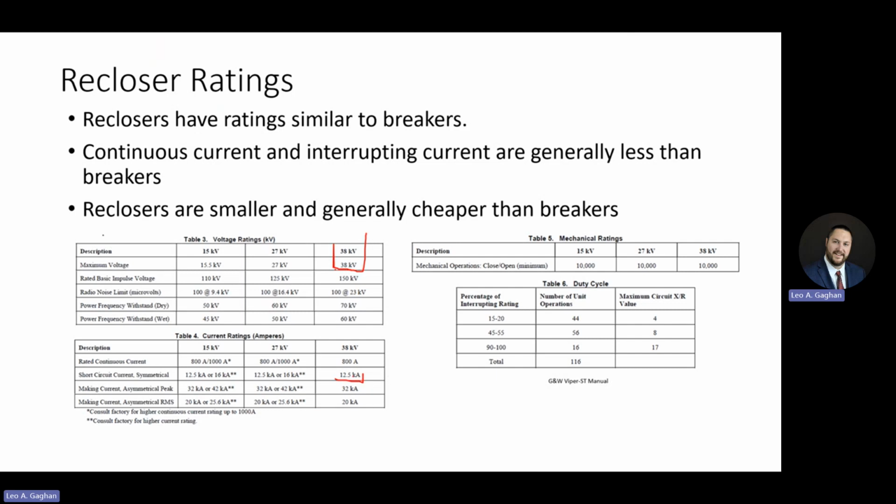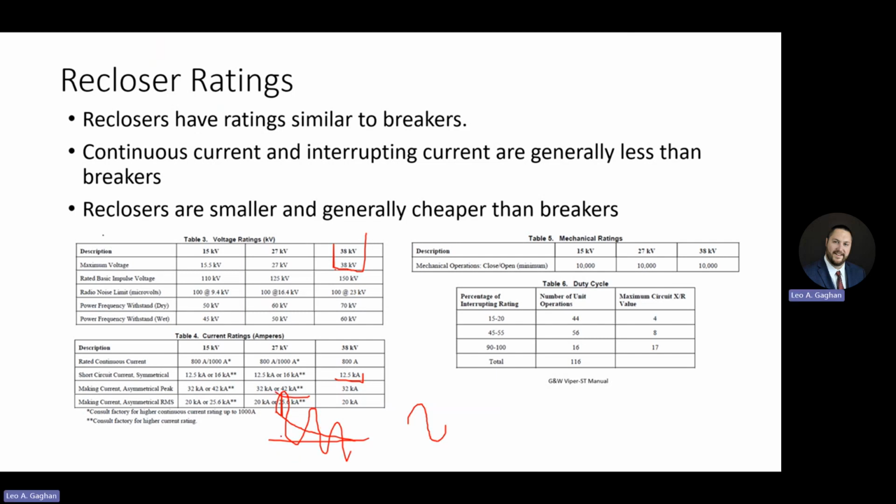And that's symmetrical right there. So when I say it can interrupt 12,000 amps, that's of a symmetrical current. It's saying it can break 32 kA of asymmetrical peak current. So that would be your AC riding on that DC offset in the peak there.